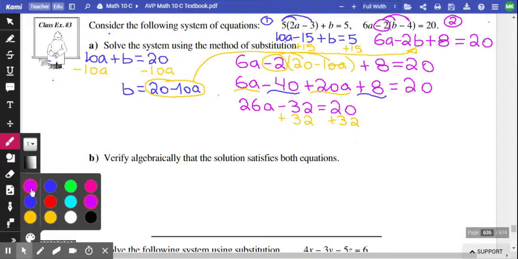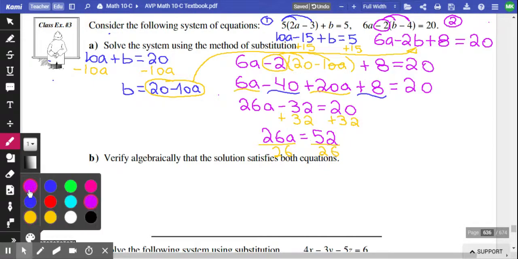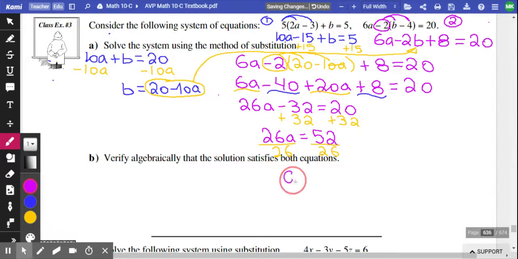We get 26a equals 52. And my final step is divide both sides by 26. That means a equals 2.